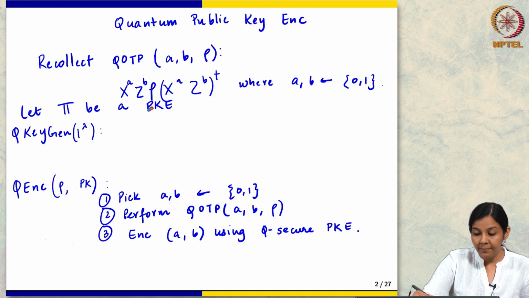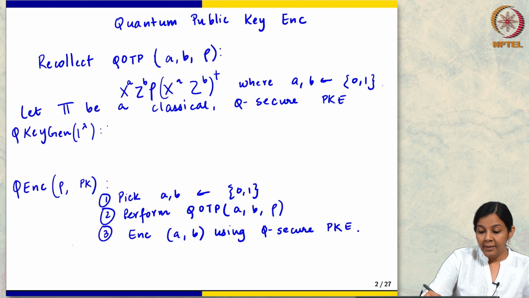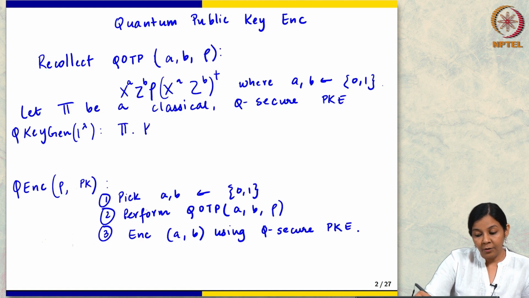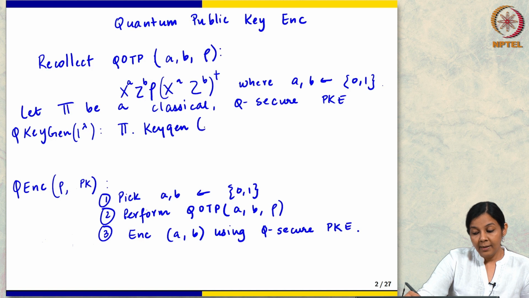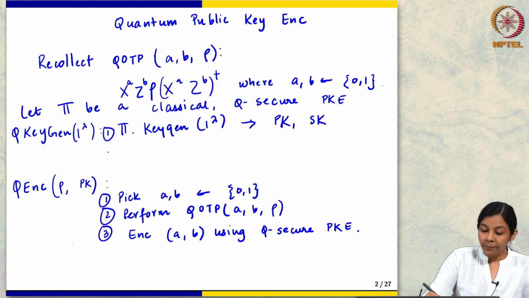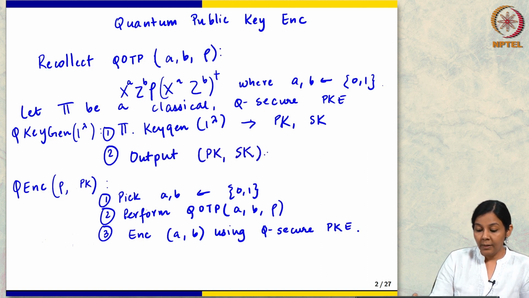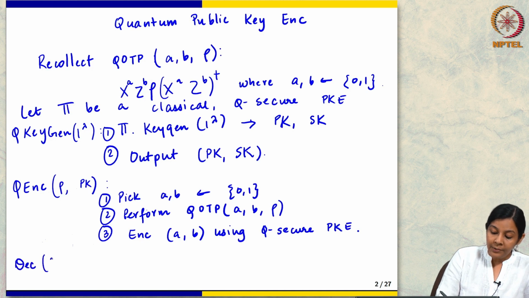If I let pi be a classical quantum-secure PKE, then my keygen should just be pi dot keygen, and this will output some PK, SK, and I output the same PK, SK. And now, how do I decrypt?